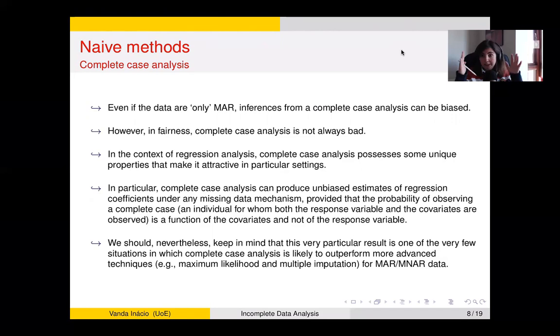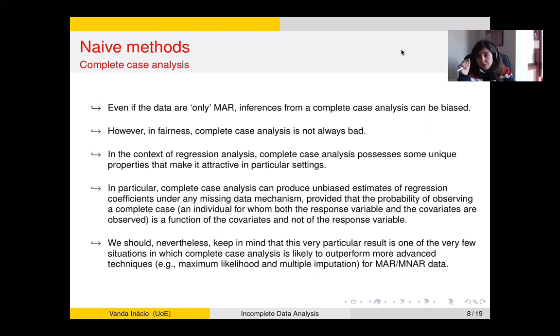So missing completely at random: unbiased but inefficient; and missing at random or missing not at random: they will be biased. But in fairness, and also connected to the previous slide, some authors say that you should never use a complete case analysis. And again, in fairness, complete case analysis is not always a bad option.